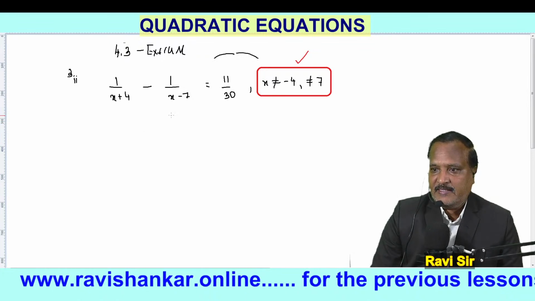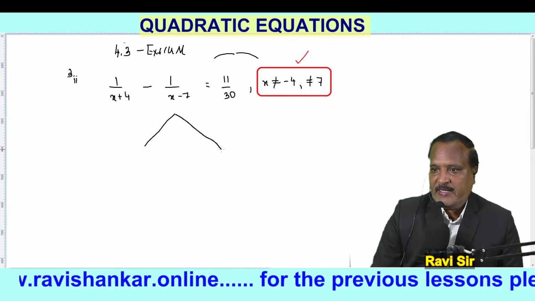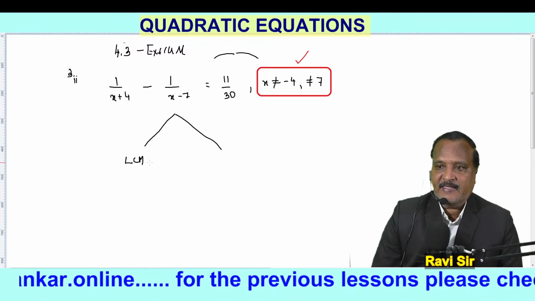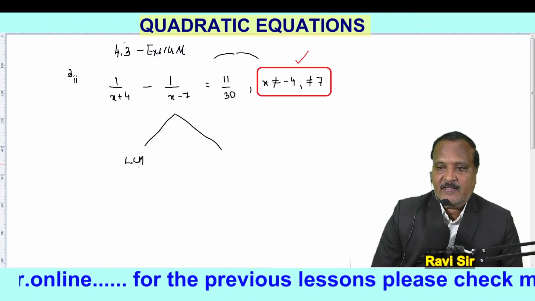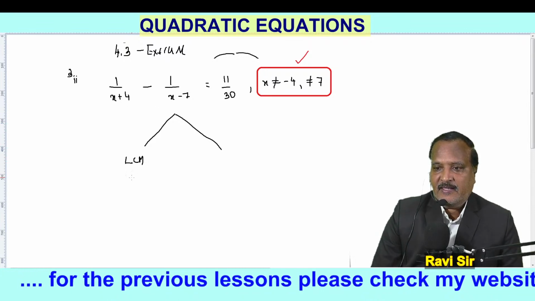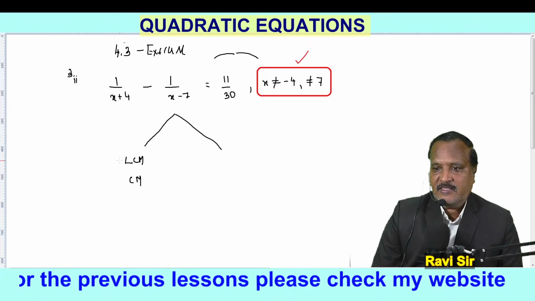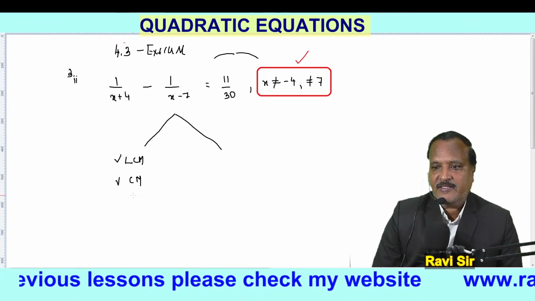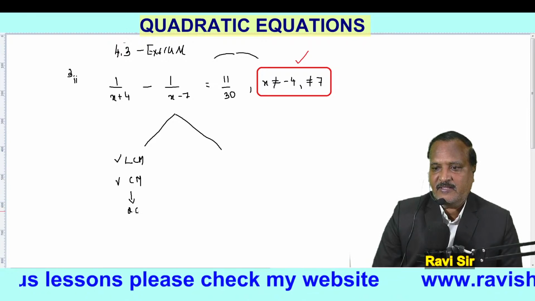There are 2 methods to bring it to the standard form. By taking LCM on the left hand side, adding these 2 fractions, and then cross multiplication, you will be getting a quadratic equation.